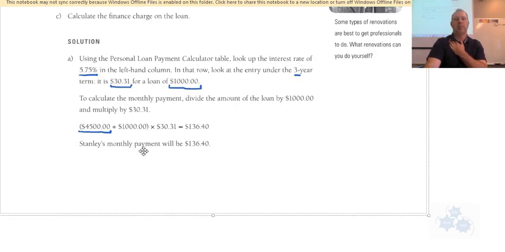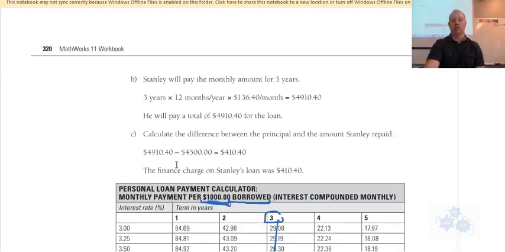Well, if we have a monthly payment of this much, how many months are in 3 years? 12 times 3. 12 plus 12 plus 12 is 36. Very good.